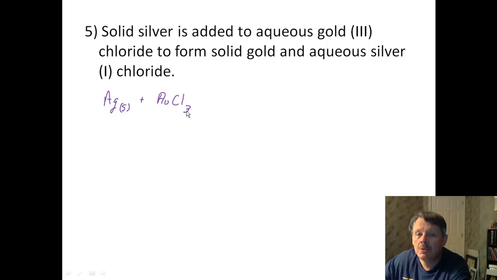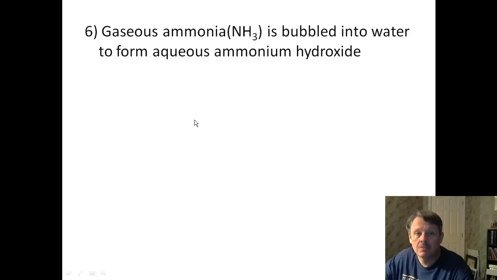So that means I need 3 chlorines to form gold, which is a solid, and aqueous silver nitrate. Sorry, that's gold, which is a solid, Au, plus aqueous silver chloride. +1, -1, they cancel each other out, and I forgot to write that this was aqueous over here. And it's going to drive me nuts.